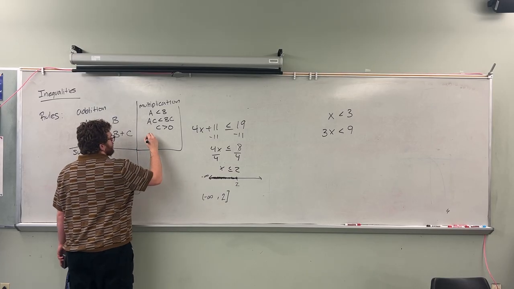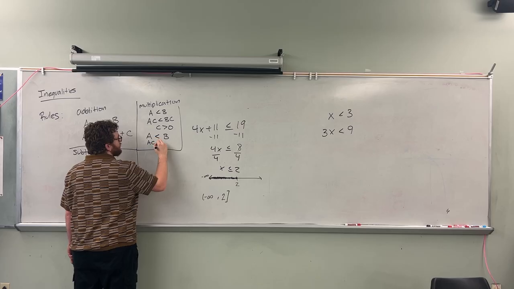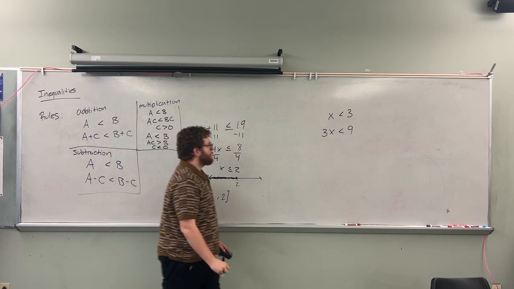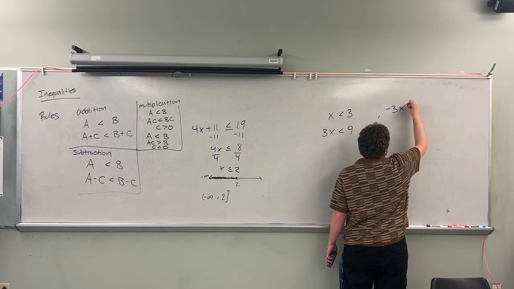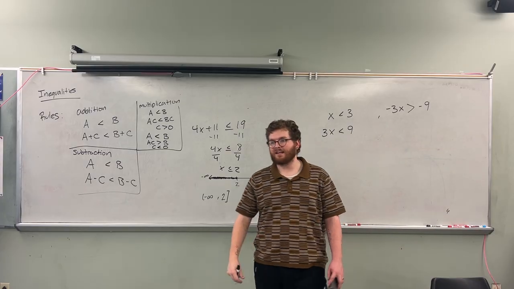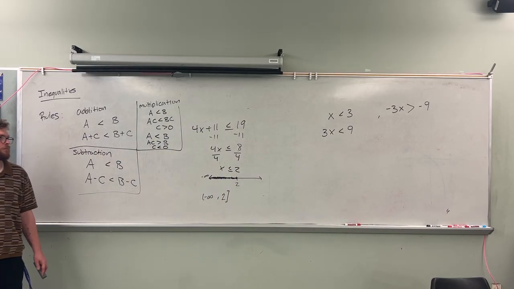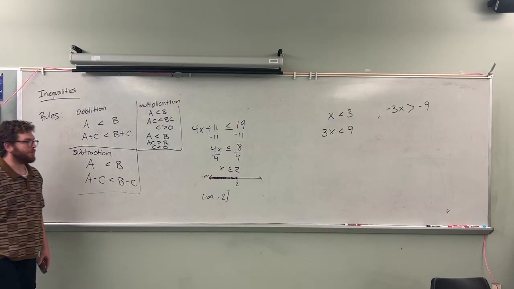However, if I multiply by a negative number, I flip the sign. So in this instance, negative 3x is greater than negative 9, multiplying by negative 3 on both sides. Basically, the idea is I'm flipping the entire number line around and going down the other way.